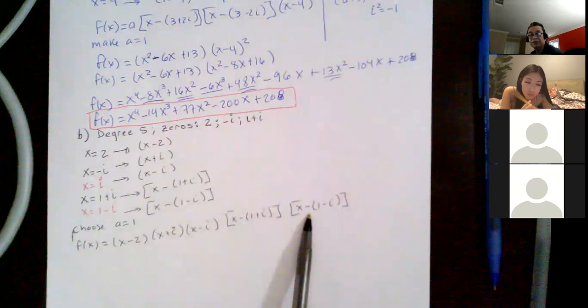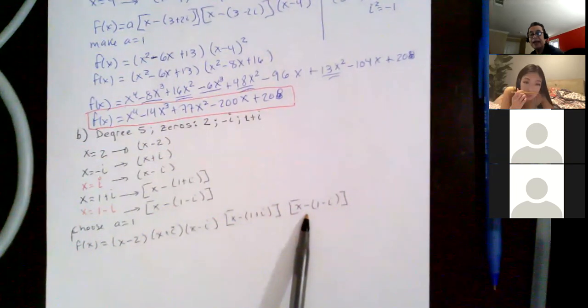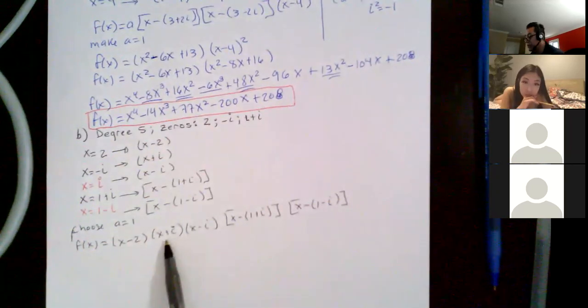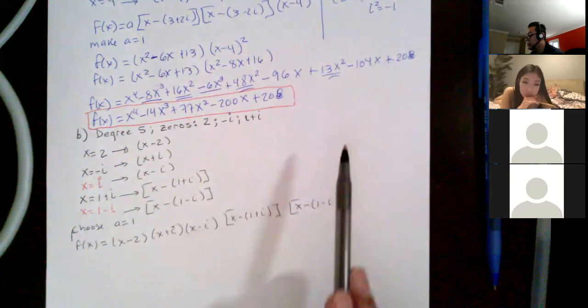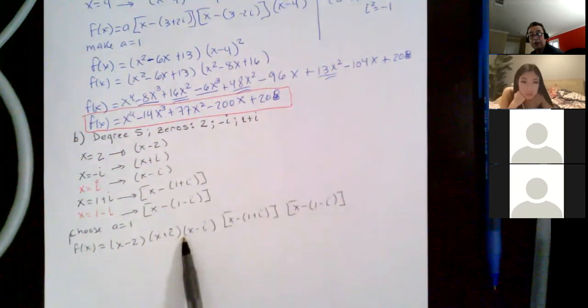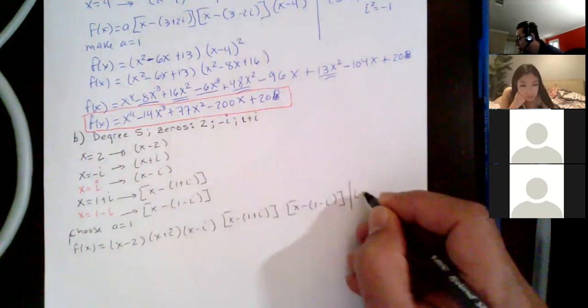Is that clear? Yeah, so now it's x minus 1. You put the bracket on, yes. Okay. And here, you guys, since you have x plus i, x minus i, use the same formula that we used before. Here, you're gonna use this formula twice.